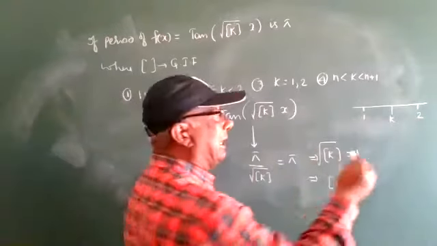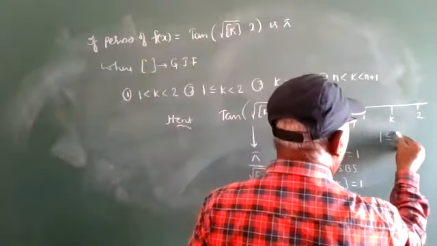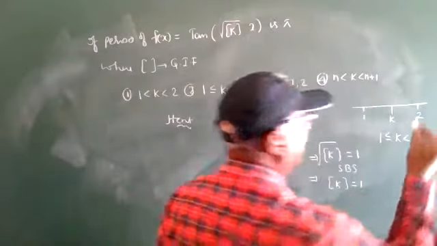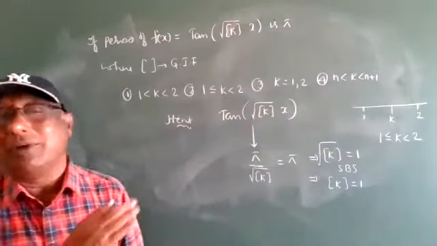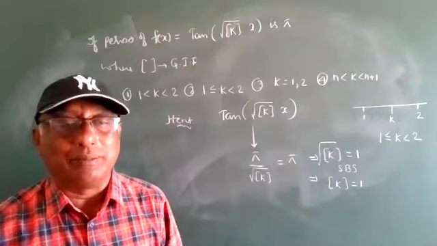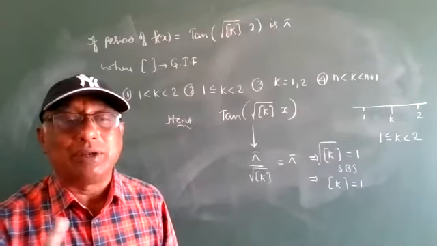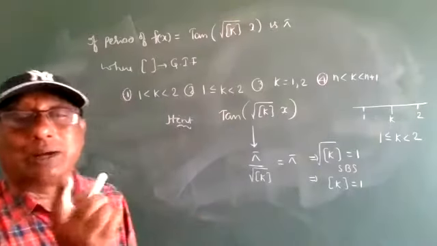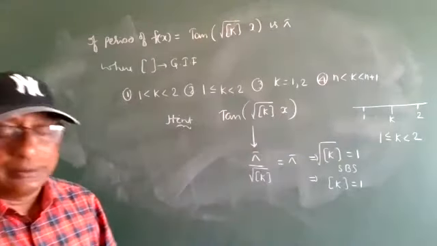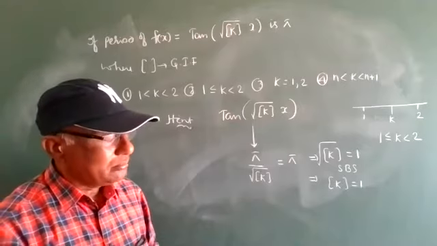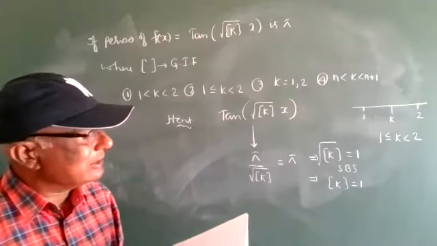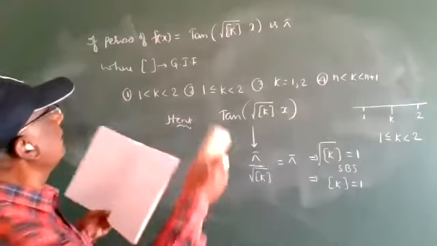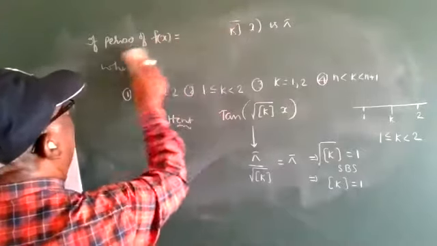So 1 is included, but 2 is never included. Only the value 1 comes, never 2. So the k value lies between 1 and 2. It comes to the left side only. Right. Everyone see, next problem.